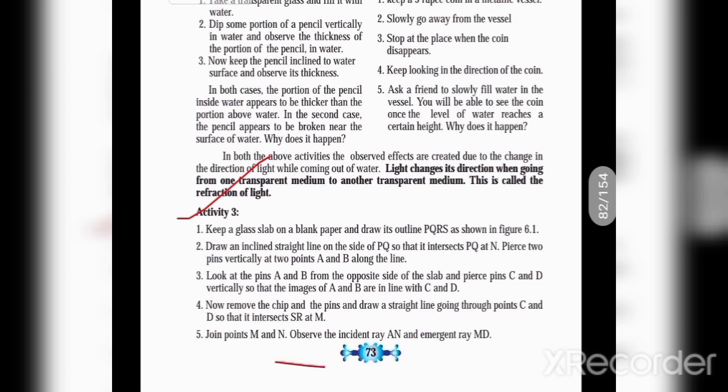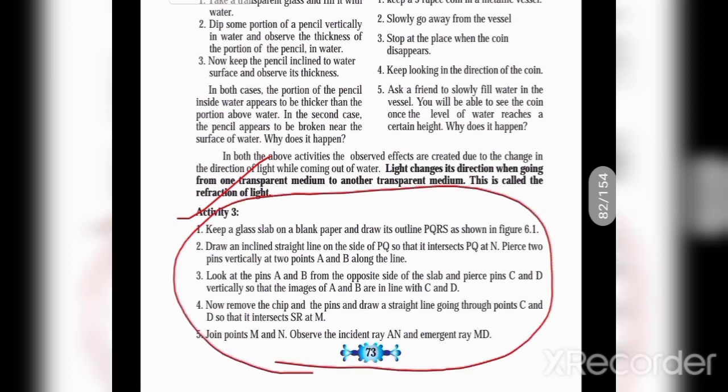First we read all the points and then explain them with the diagram on the next page. Keep a glass slab on a blank paper. Friends, we have to take a blank paper, keep a glass slab on it, and draw its outline, that is PQ, RS, as given in figure 6.1.